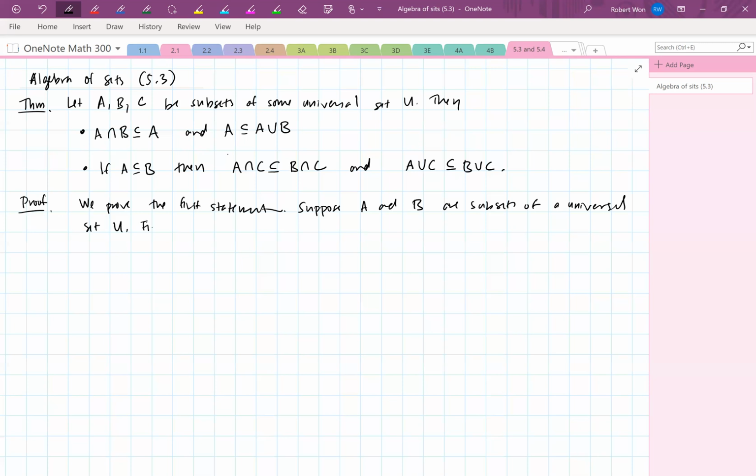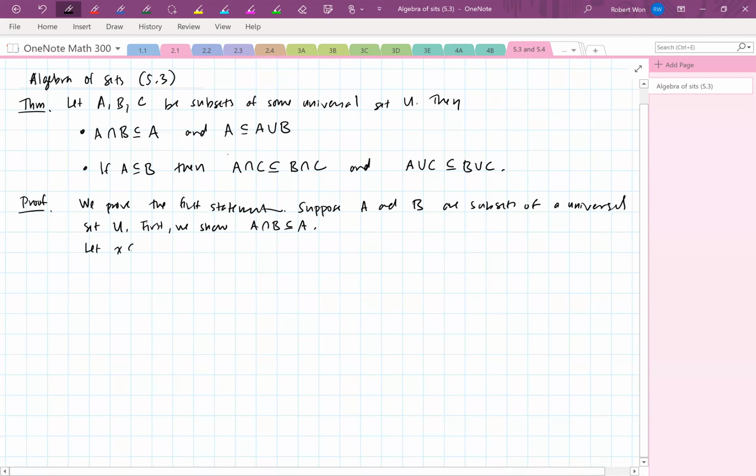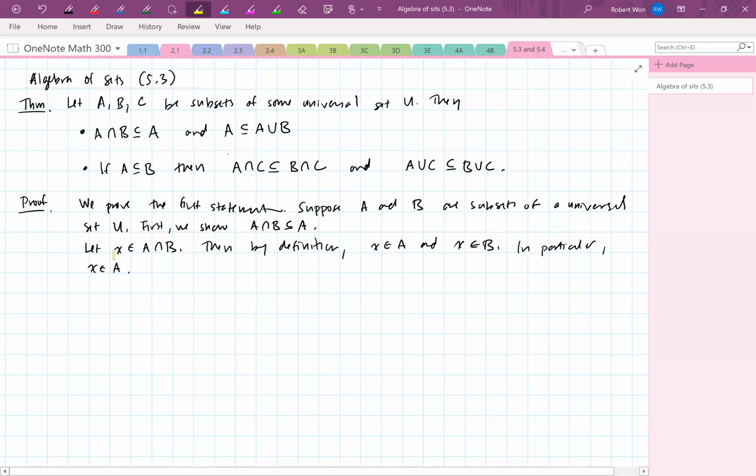So first, we show A intersect B is a subset of A. How do you do this? Let X be an arbitrary element of A intersect B. Then by definition of the intersection, X is in A and X is in B. In particular, X is in A. So what have I shown? I've shown that if X is in A intersect B, then X is in A. Hence, A intersect B is a subset of A.